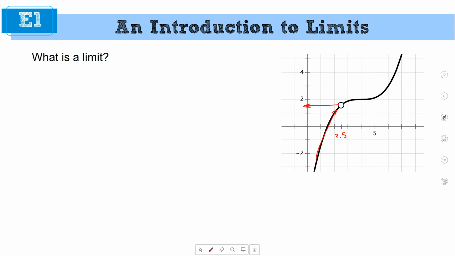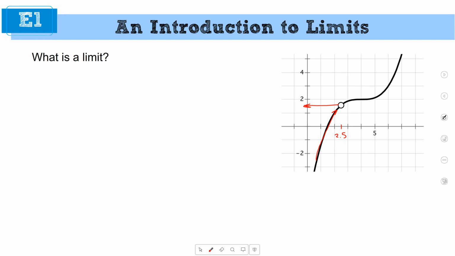Limits are the y value that a function approaches as you get closer and closer to some predetermined x value. Now notice I didn't say the value of the function at that spot. I said the value that you get closer and closer to as you approach the limit.